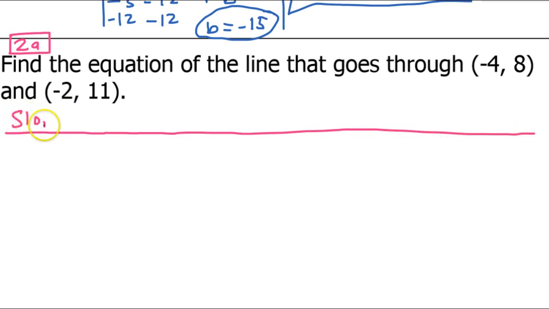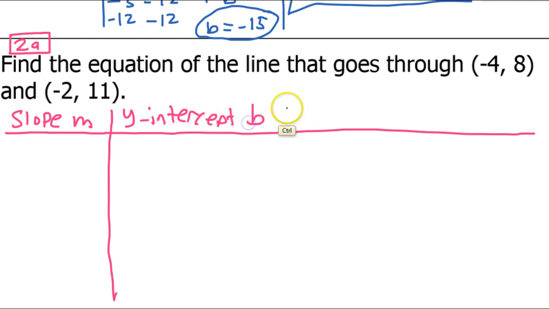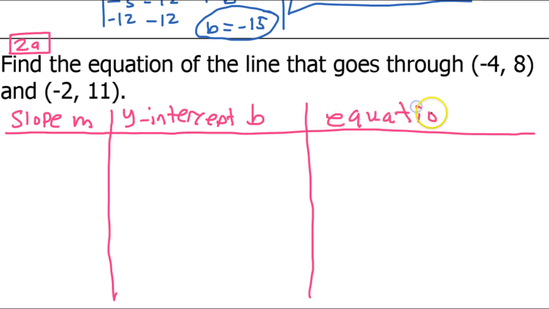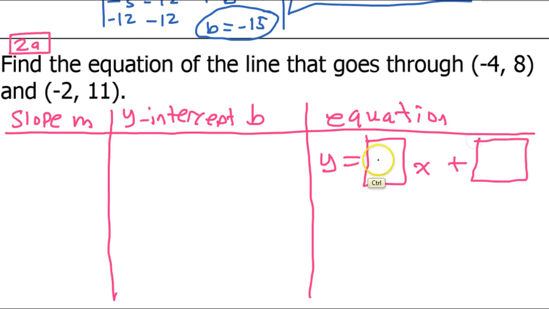I'm going to find the slope, m, and then I will find the y-intercept, b. And then I can write the equation. The equation works like this: y is equal to something x plus something, where the first box is the slope and the second box is the y-intercept.